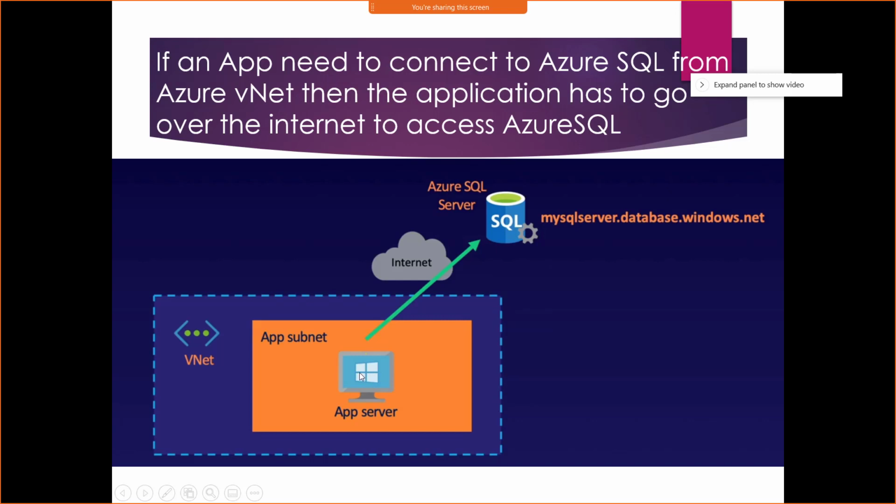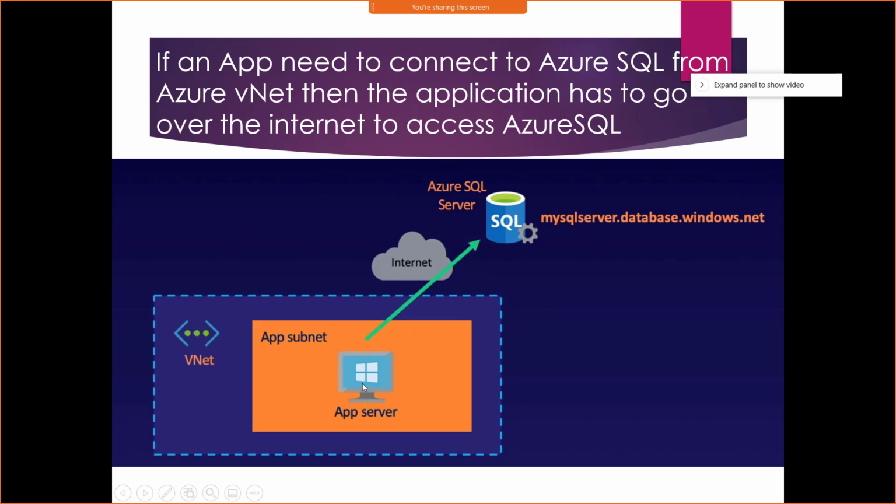Suppose you've separately created a SQL Server, and the SQL Server is not actually living inside the virtual network of Azure, but it is just separately created, and you do have your own VNet or virtual network created in Azure, where you have an application installed that needs to connect to the SQL Server.